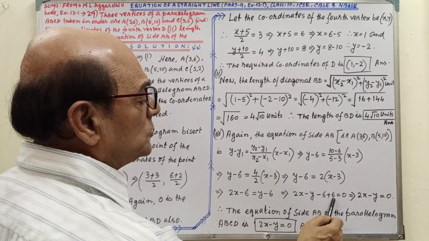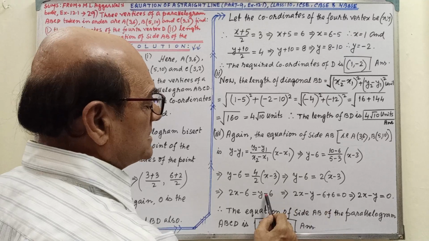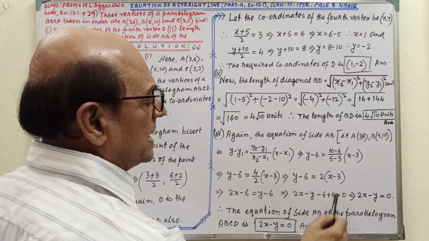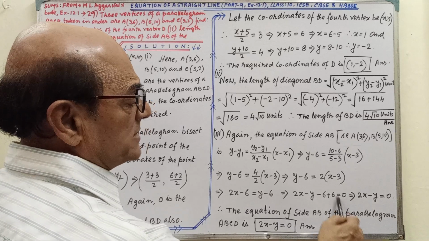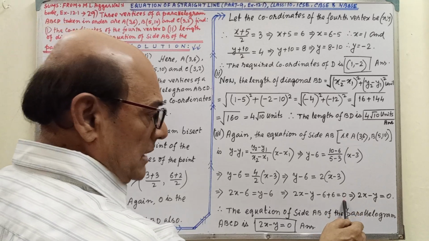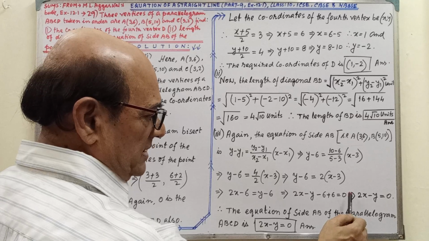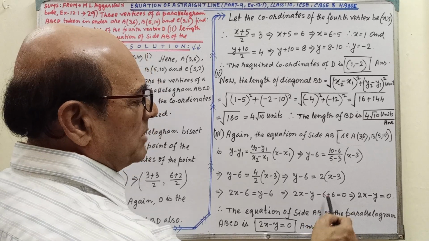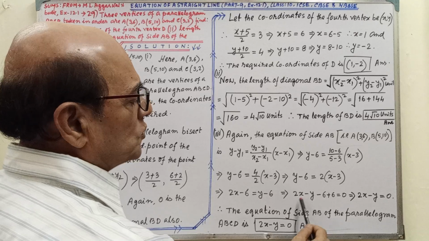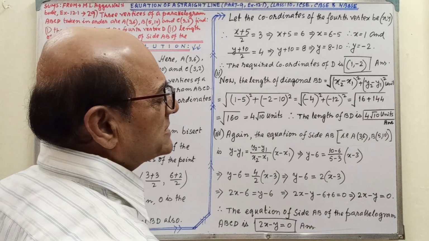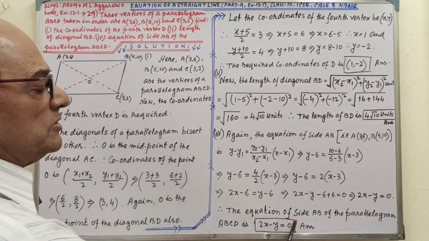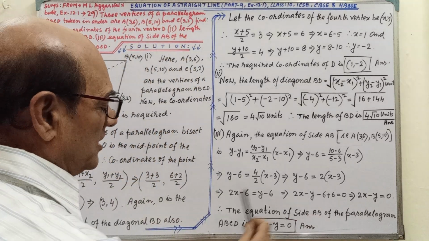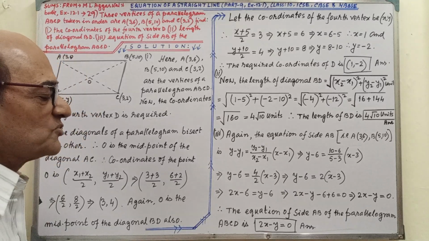When it comes to the left side, the sign will be changed, so minus 6 plus 6. Minus 6 plus 6 will be cancelled. This is equal to 0. Right side has no number or variable. This is why equal to 0. So finally it is coming 2x minus y equal to 0. Therefore, the equation of side AB of the parallelogram ABCD is 2x minus y equal to 0.